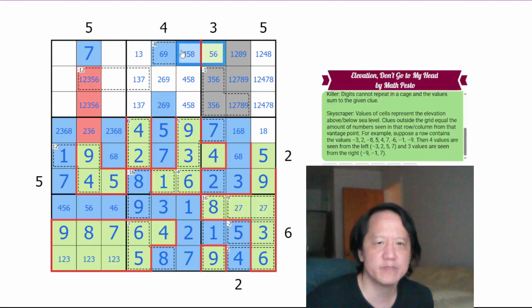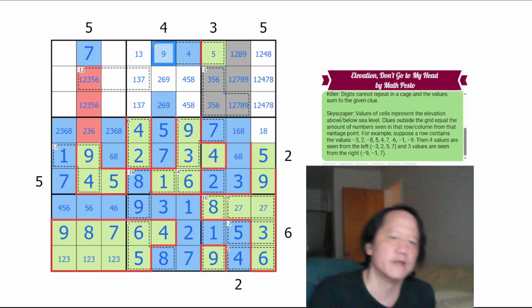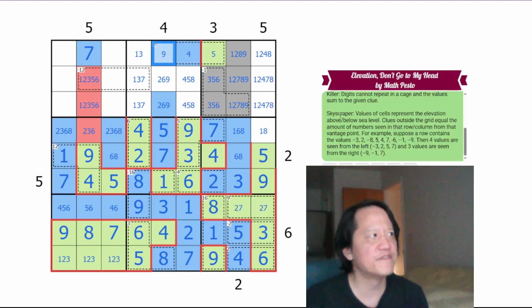So the possibilities here are negative 13, this would be then 5, and you would have to have 4, 9 there. Okay, that could work. Negative 14 means this is 6. So I think this has to be 5, 9 no matter what.